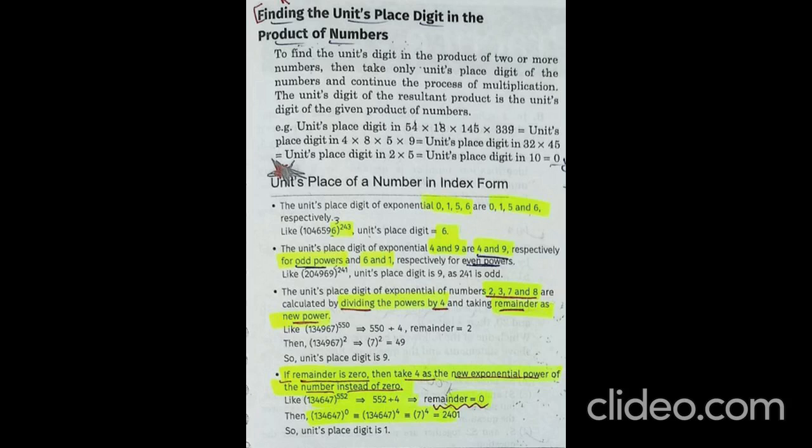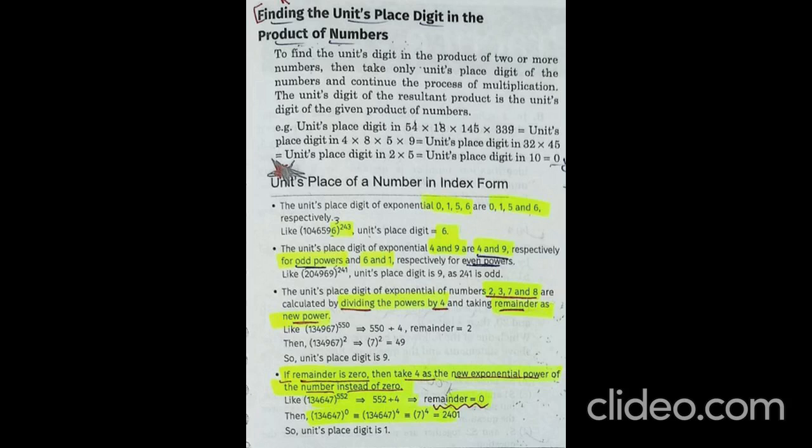So according to the basic concepts, the unit place digit of an exponential of 0, 1, 5, 6 is 0, 1, 5, 6. Now next point, the unit place digit of an exponential of 4 and 9 is 4 and 9.